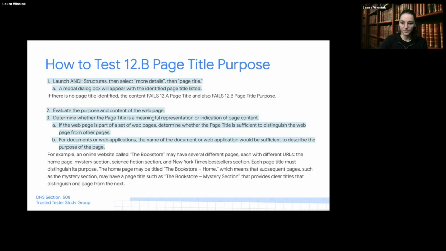It could be anything. For example, on the GDG page, you have the main page where you can look up different groups. Then you also have the GDG Vienna page, and they are also called differently. But for documents and web applications, the name of the document or web application would be sufficient to describe the purpose of the page. This one in particular is here because for web applications, you can have dynamic content as well.